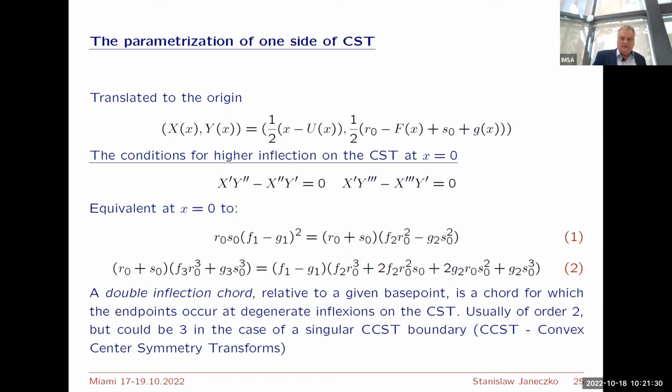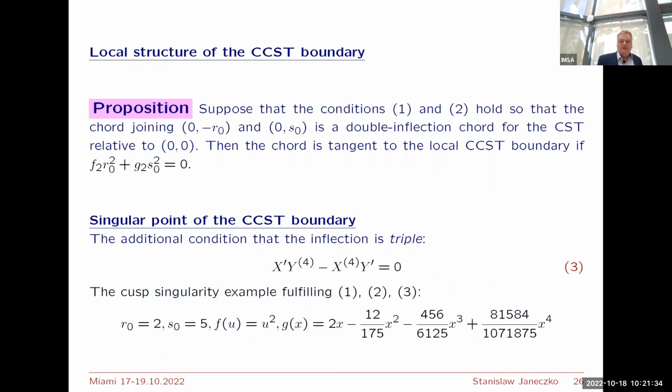So we got this, and if such a point appears, then we mark the point, and we have a completely new singular set inside the curve. This is just these inflection points. If they appear, then we mark them.